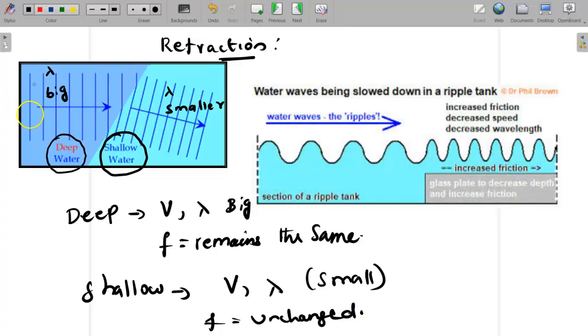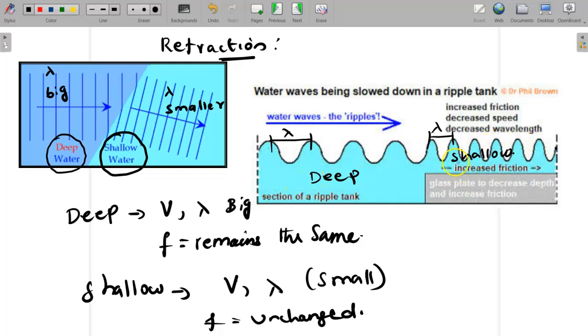So you can see here a bigger wave, and here is a smaller wave. Okay, and here you can see water waves, the ripple. Now you can see the space between the waves is bigger. Here the space between the waves is smaller. So you can say this region is the deep region and this region is the shallow region.